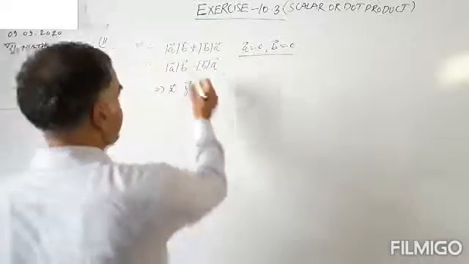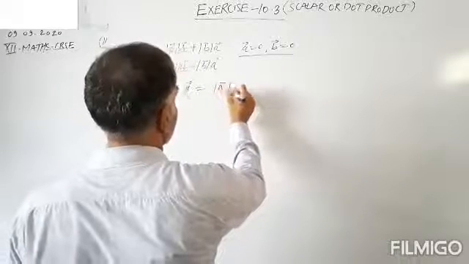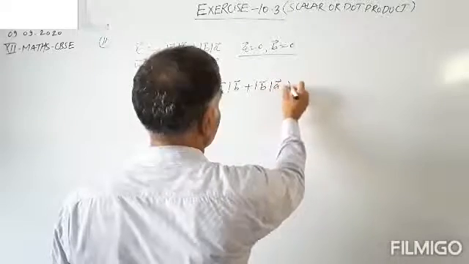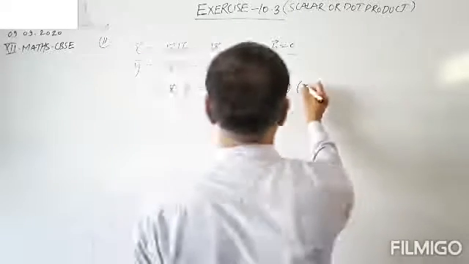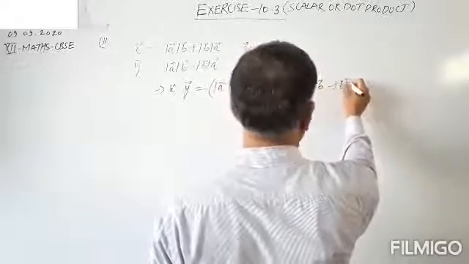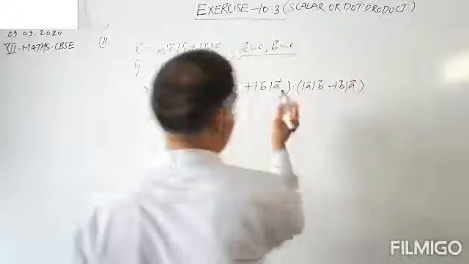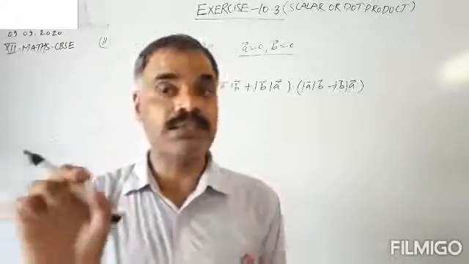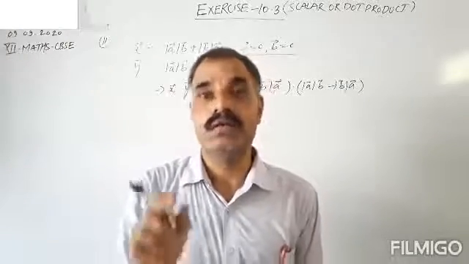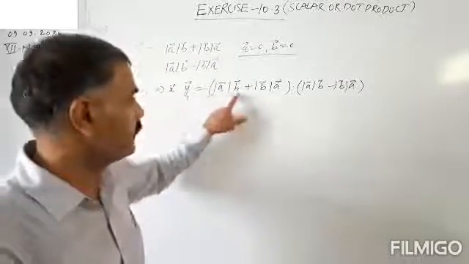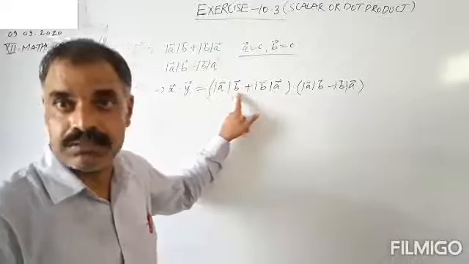So x vector dot y vector, that is magnitude a vector times b vector plus magnitude b vector times a vector, dot product magnitude a vector times b vector minus magnitude b vector times a vector. Here in this question, the magnitude is a scalar quantity, so a scalar quantity is multiplying with a vector quantity.